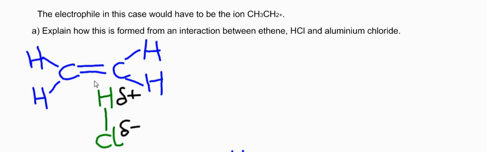So for electrophilic addition, my curly arrow comes from the double bond to the delta plus hydrogen. Then at the same time I have to break my HCl bond.